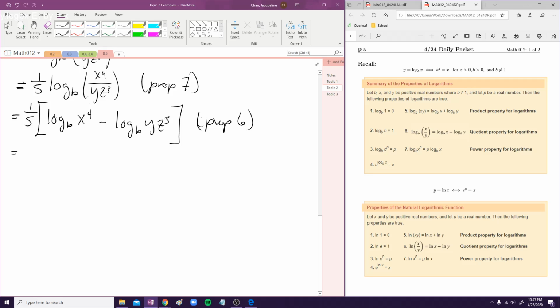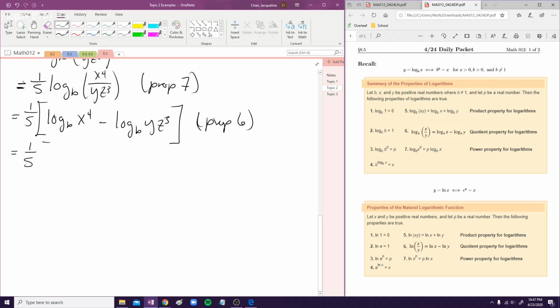One thing I do want to note is that for your test, when you do logarithms, since you can look at your notes, I want you to tell me which property you're using. And I want you to use 1 through 7. You cannot change the order. So let's continue.